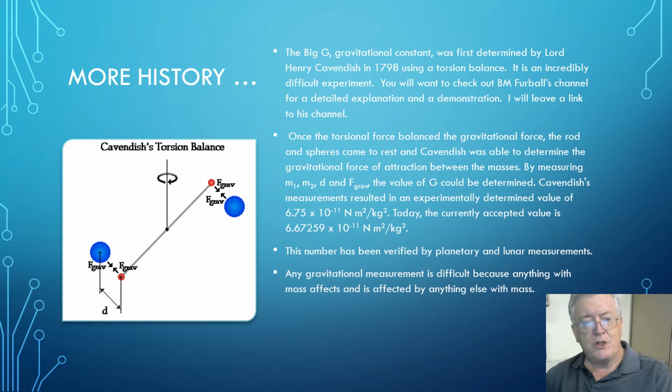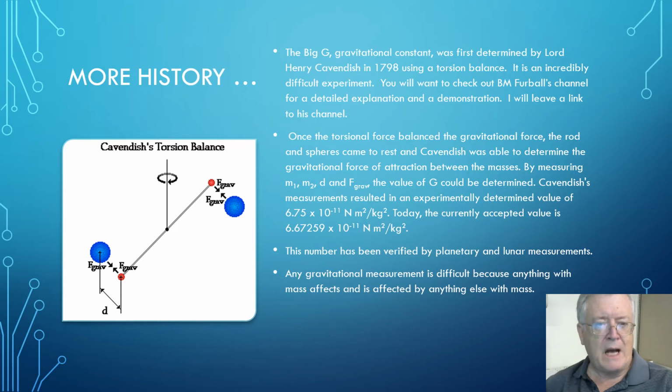So by measuring M1, M2, D, and the gravitational force, then he could solve his equation. It resulted in an experimentally determined value for Cavendish of 6.75 times 10 to the minus 11.